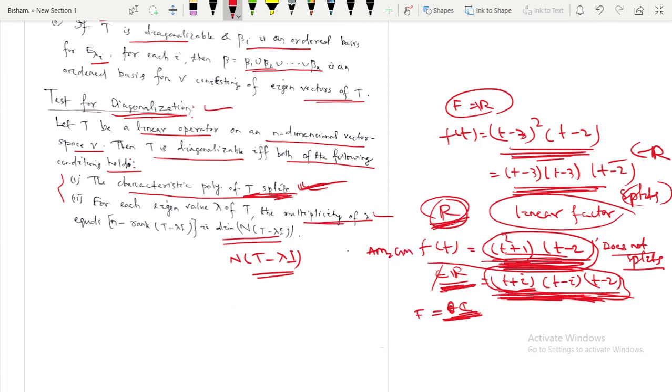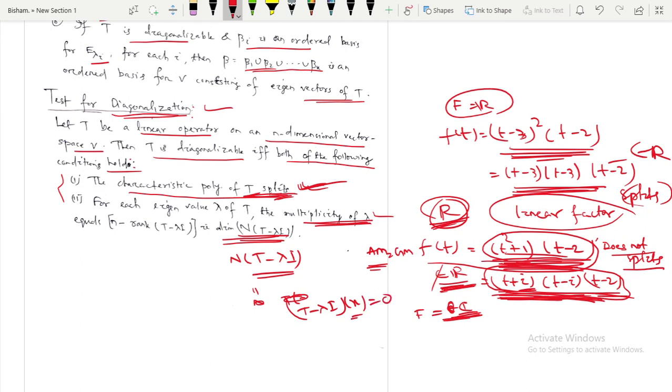The multiplicity of lambda is the algebraic multiplicity, and this is equal to the dimension of the null space of t minus lambda I. What does the dimension of the null space of t minus lambda I mean? It is the number of linearly independent vectors x satisfying t minus lambda I of x equal to 0.